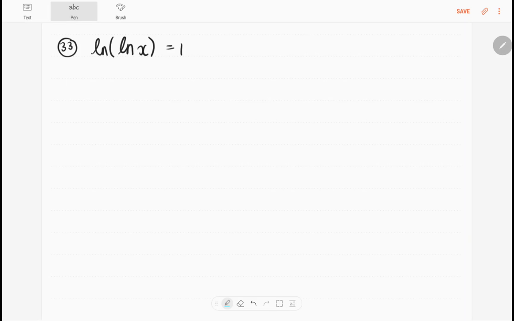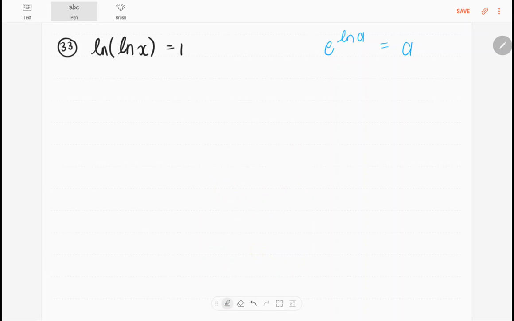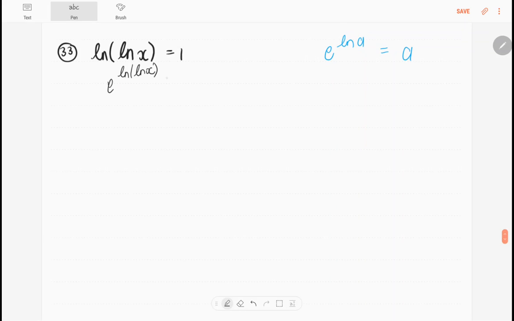Next, we have number 33, and it says ln of x equals 1. So what I'm going to use here is the fact that e to the ln of a simply equals a. So I'm going to write both sides as e to the power of what we currently have. So it's going to be e to the ln x equals e to the 1.